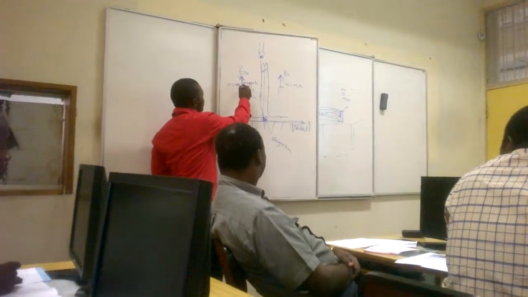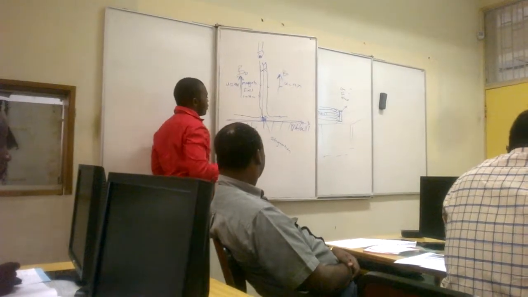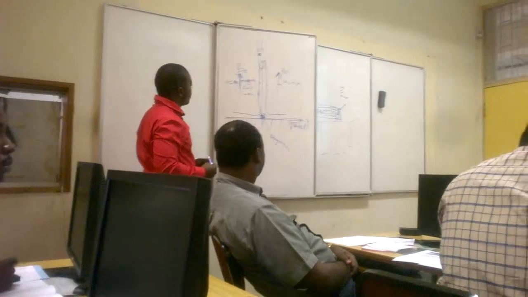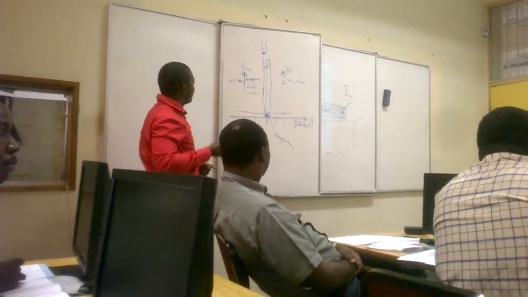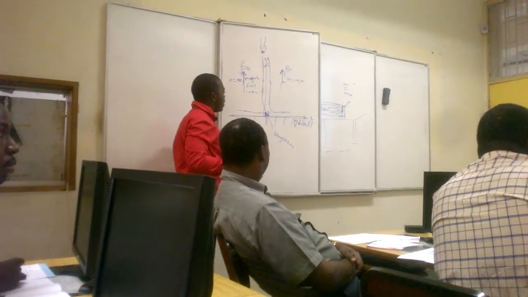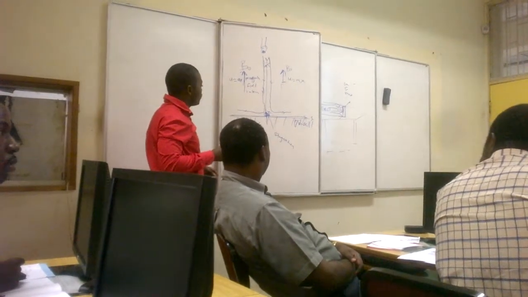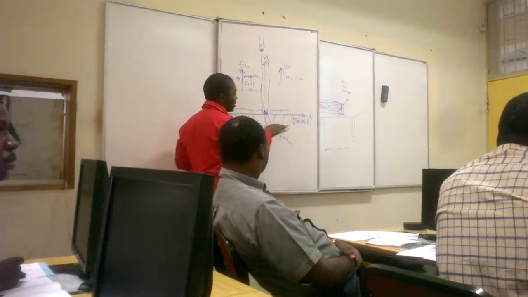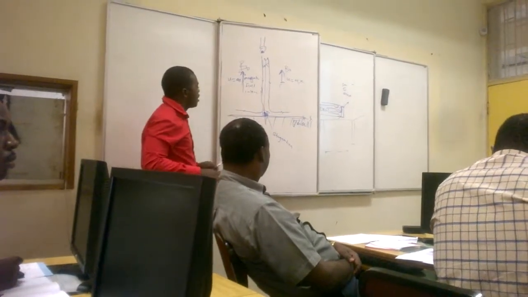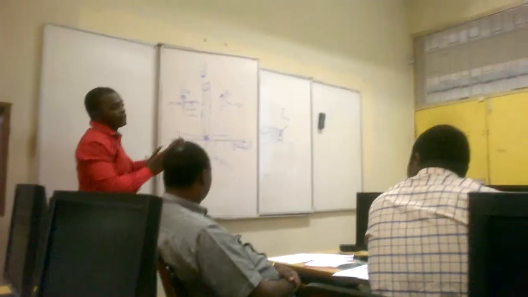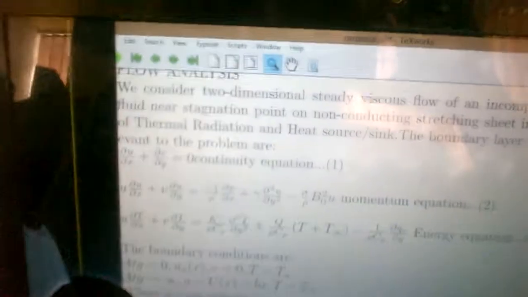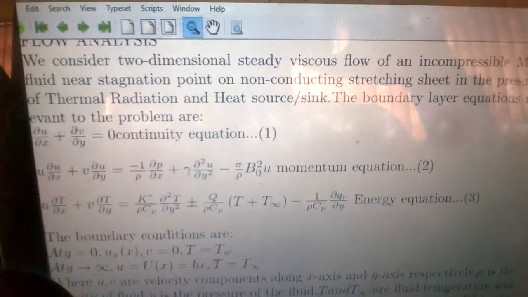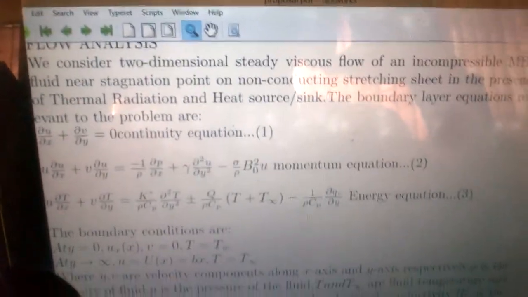So we define how the fluid flows through our model, how to put a stretching sheet, how to put objects so that they can block the fluid, so that we can easily understand the problem graphically.